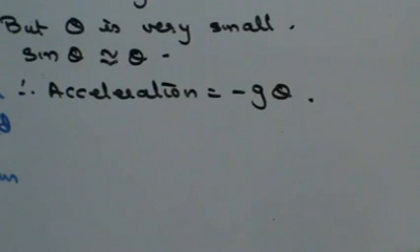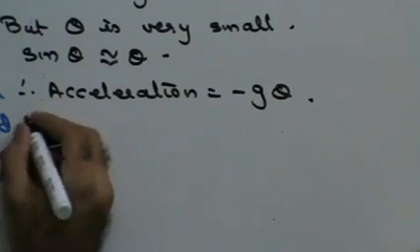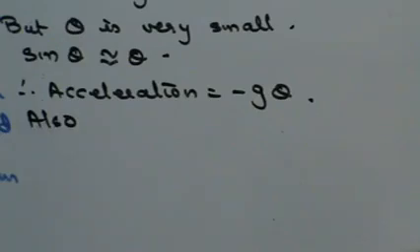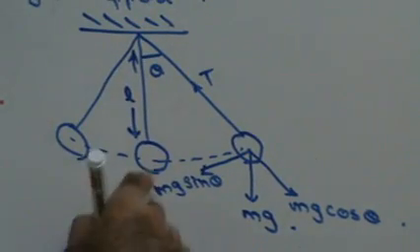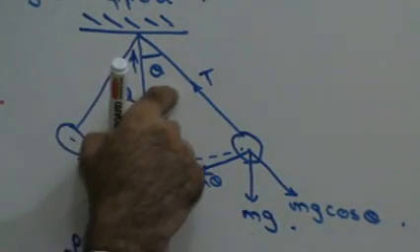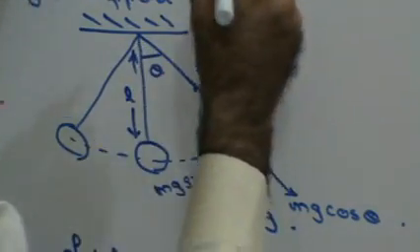Now, I can also say, so guys, look at this. The length of the arc should be equal to radius into angle, s is equal to r theta.